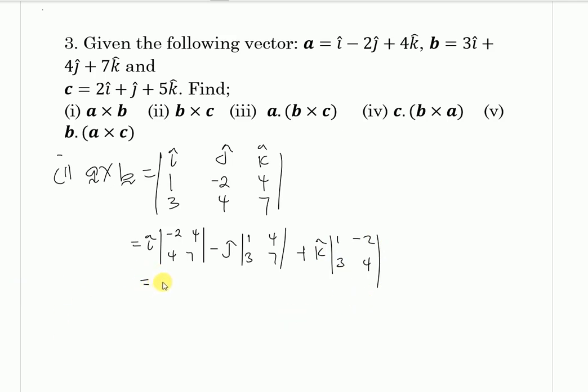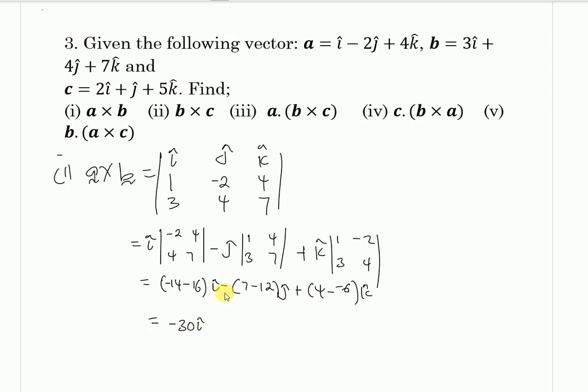After which, for i I have negative 14 minus 16. This one is i. Then minus 7 minus 12. This is j. Then plus 4 minus negative 6. That is k. And finally I have negative 30i.